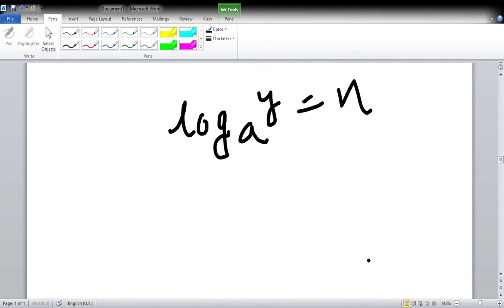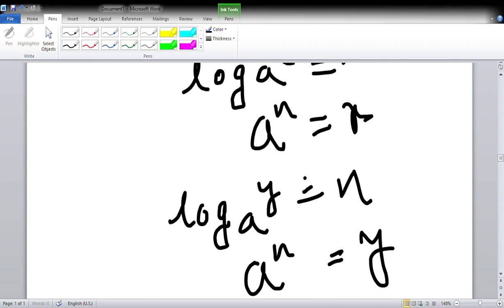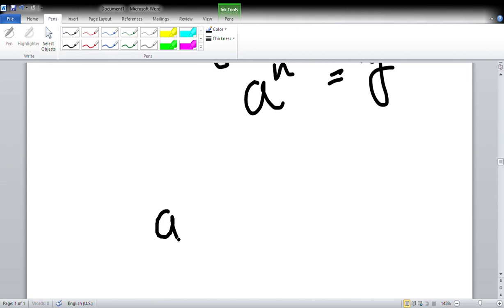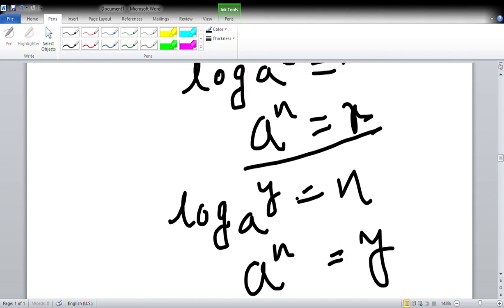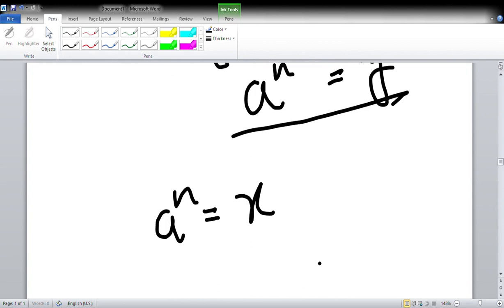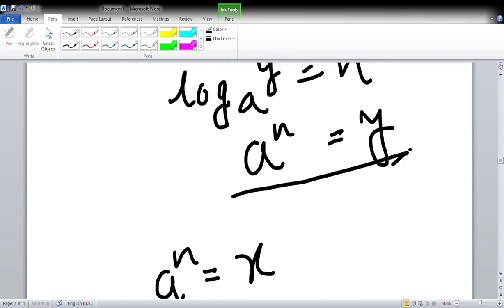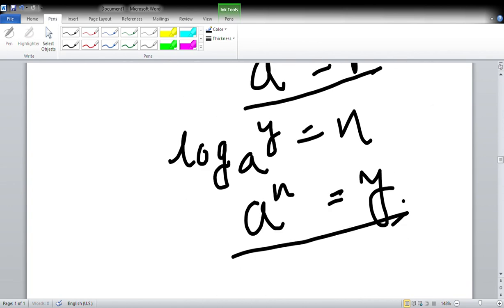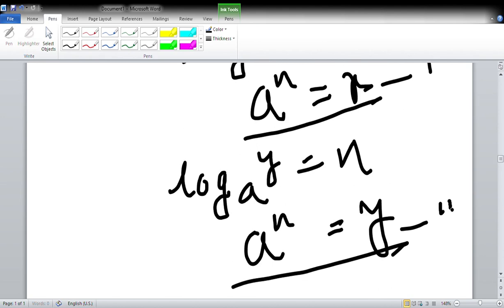Converting to exponential form, a to the power n is equal to y. This is the first equation, equation number 1, and this is the second equation, equation number 2.